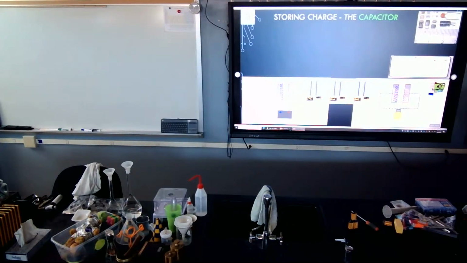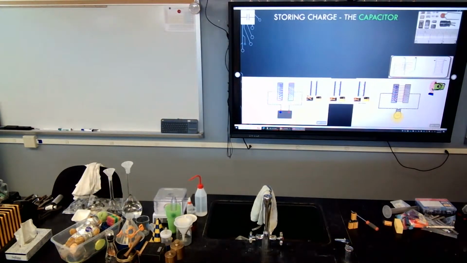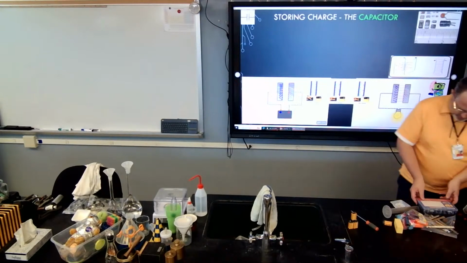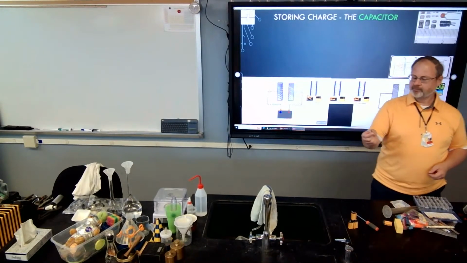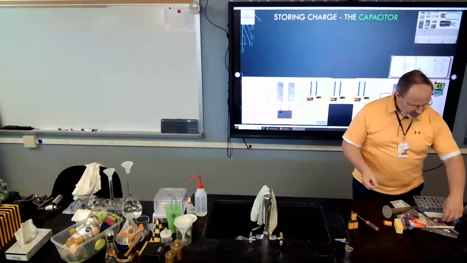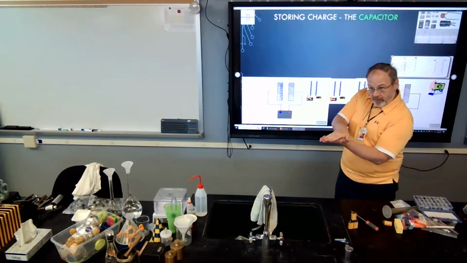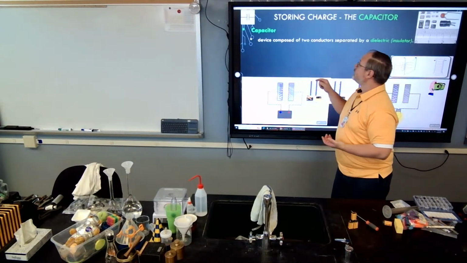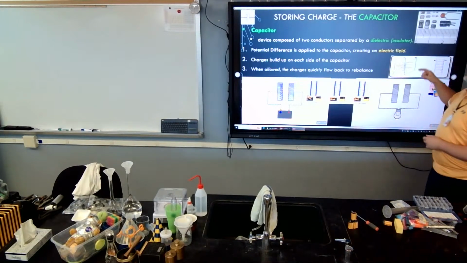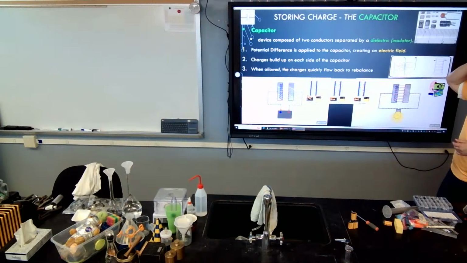Pretty cool. Now, this is everybody's favorite part of the investigation. You've probably seen these tiny capacitors before in old electronics. This is literally two pieces of metal with what's called a dielectric in between. So you have two metals separated by a dielectric, which is an insulator.